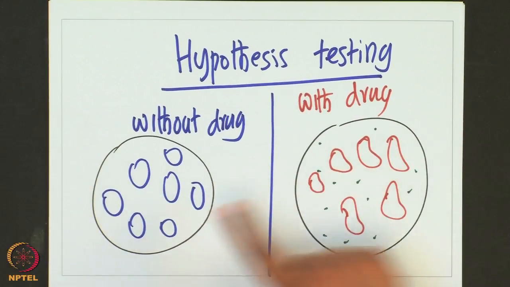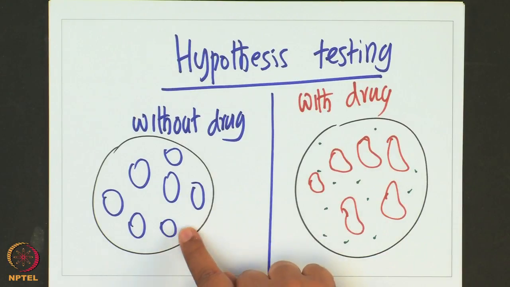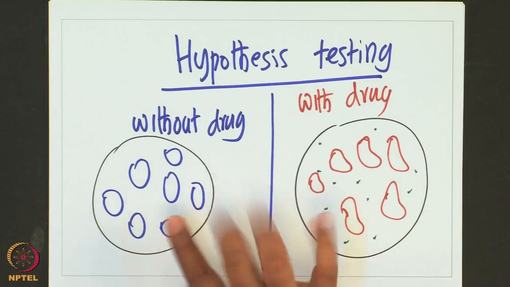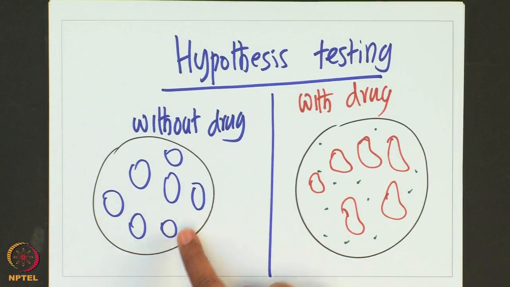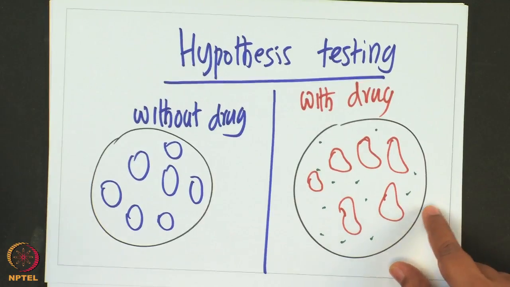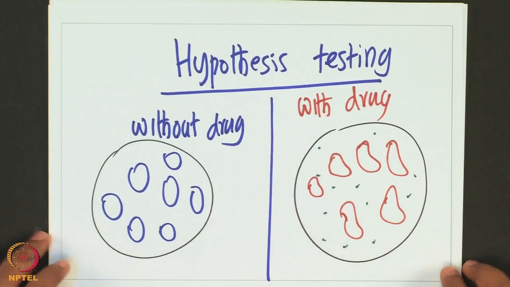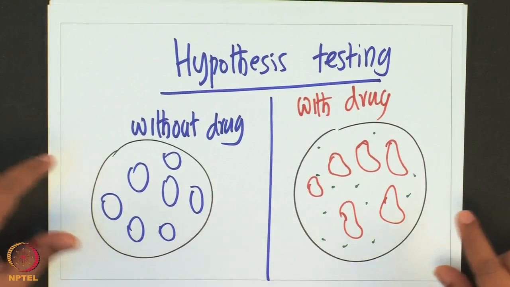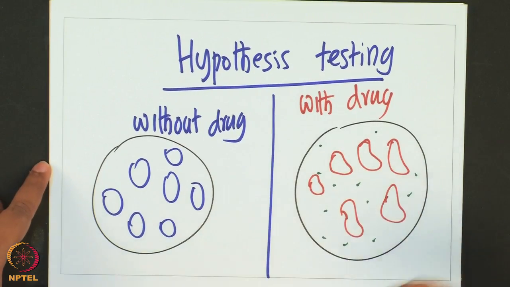Now, if you measure some quantities of this, like let us say if it is area or any quantity of gene expression of a particular gene in this population versus this population, you would want to test whether they are behaving similarly or differently. So, with and without drug, are they behaving differently or similarly? This is some obvious question that you would want to ask.